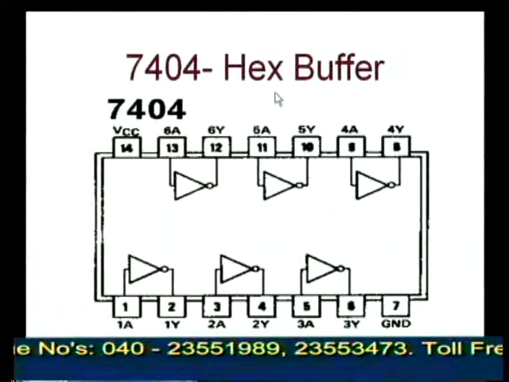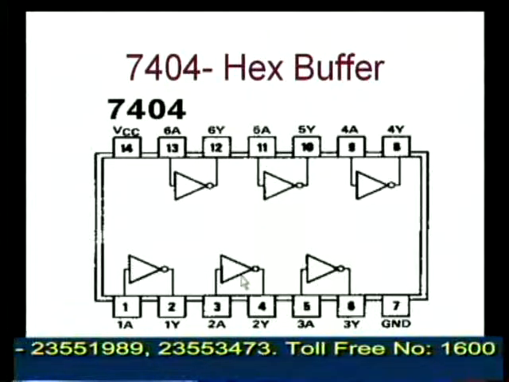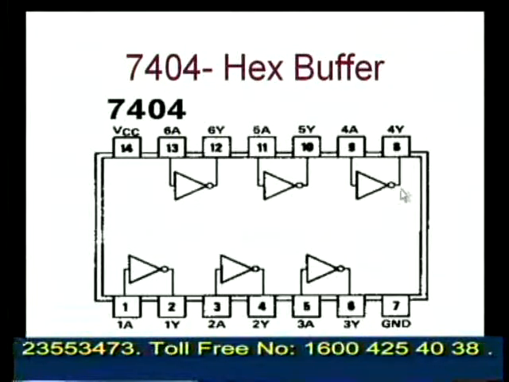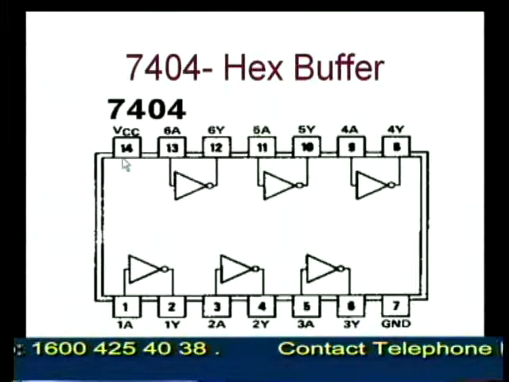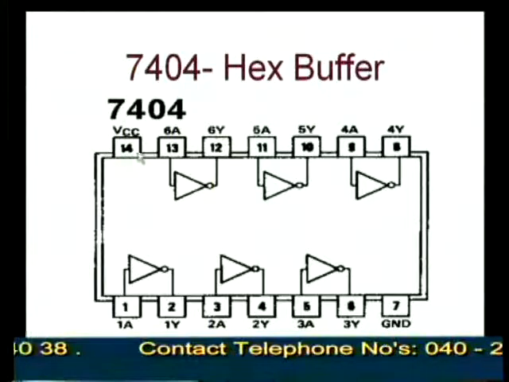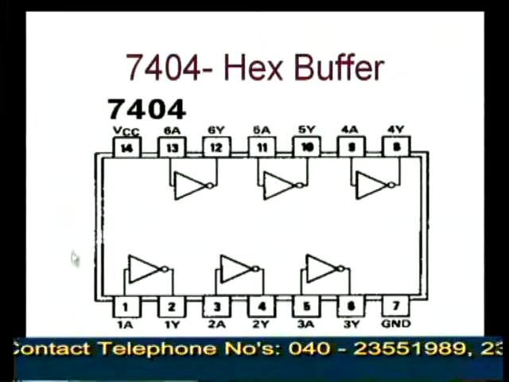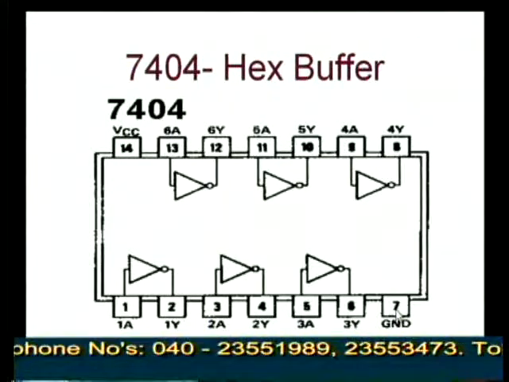The 7404 is a hex buffer. Hex refers to there are 6 number of such gates inside this IC. Here as usual, this is a 14 pin IC with pin number 14 meant for VCC and pin number 7 meant for the ground.